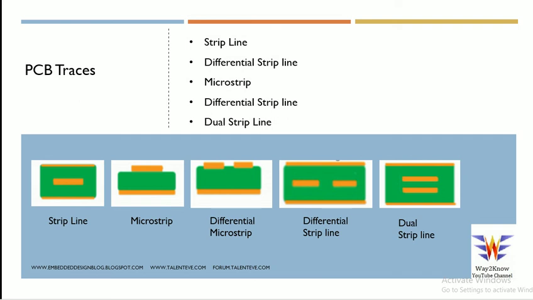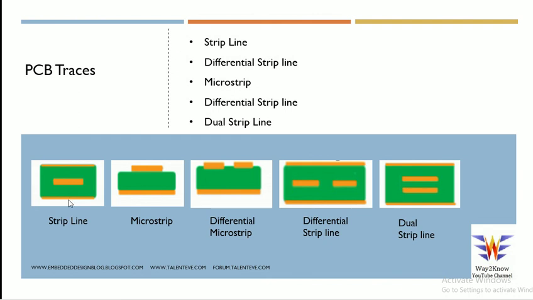In this particular scenario, a stripline, if you see the first image here, the PCB trace in between is embedded between two reference planes. When we say reference planes, the top plane could be a ground or a power, and the bottom plane could be a ground or a power.